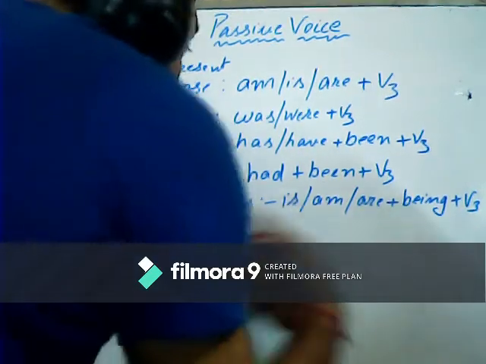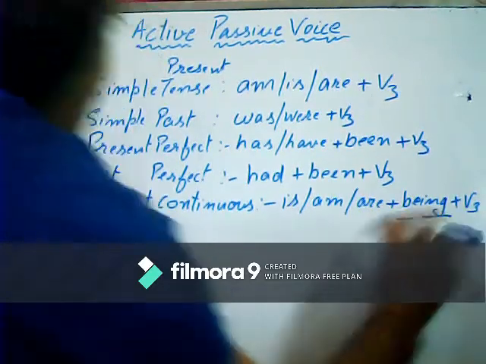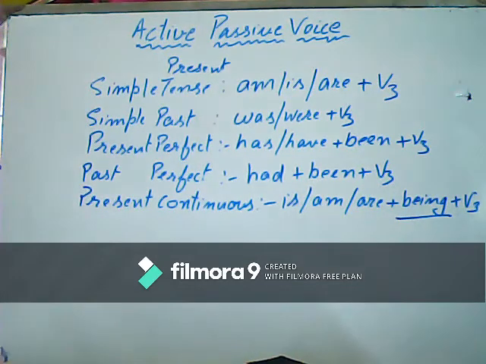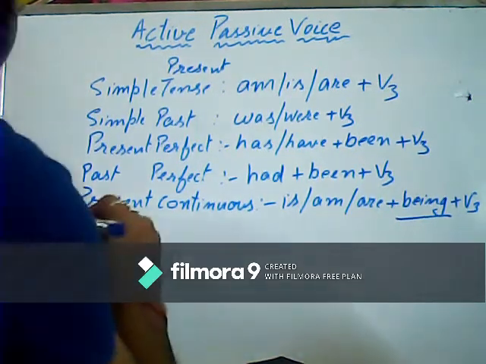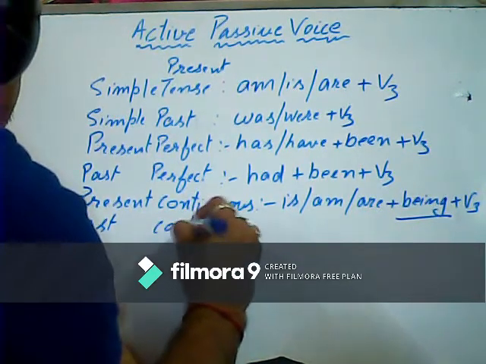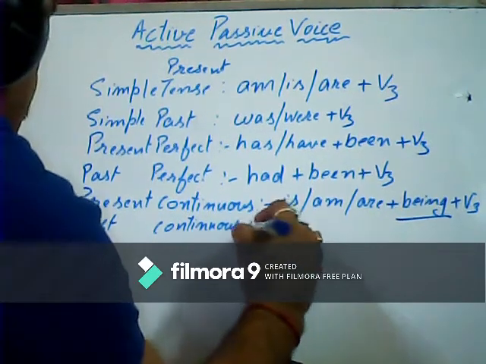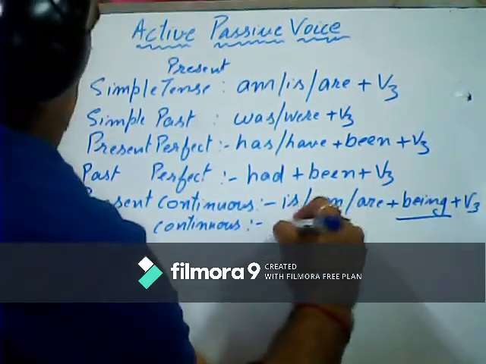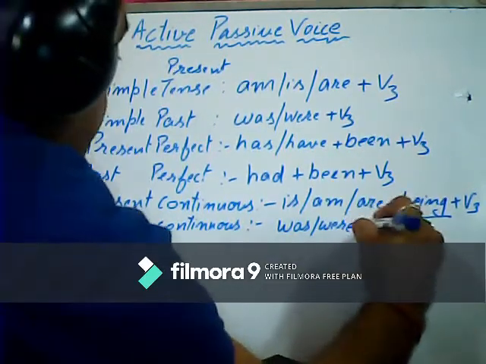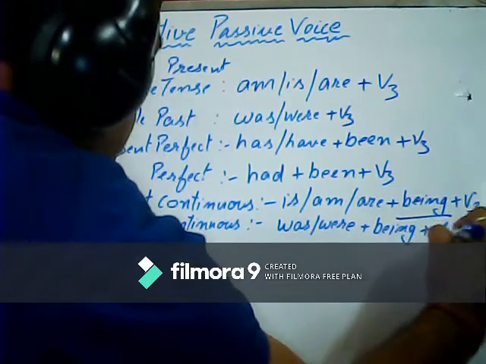For continuous tense we are using being. This word being represents that it is a continuous tense in passive voice. Now in past continuous, as usual we'll use was, were plus being plus the third form of the verb.